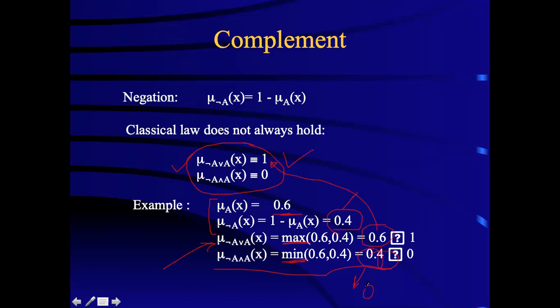So that means that there is still some commonality between A and its complement, which is not the case in case of क्लासिकल लॉजिक. तो ए और ए की नेगेशन के अंदर कुछ भी कॉमन नहीं. यहां पे वो ये कहता है फजी के अंदर कि देयर इज सम कॉमनैलिटी बिटवीन द टू. राइट. आई होप दिस इज क्लियर.